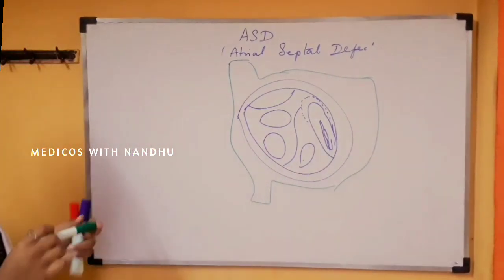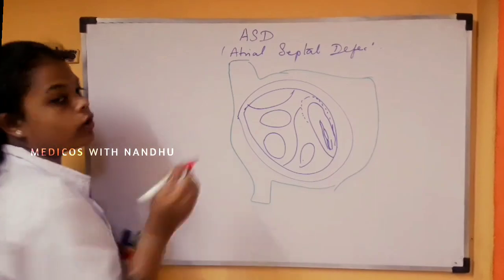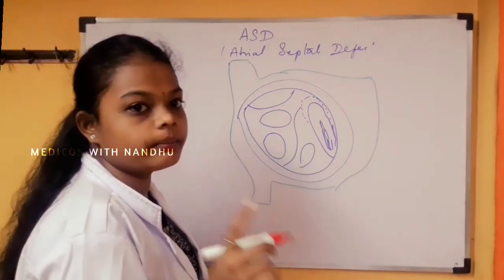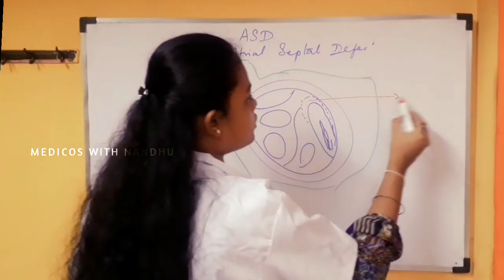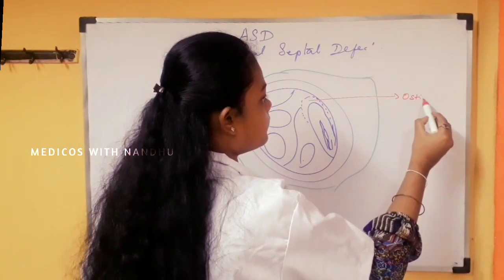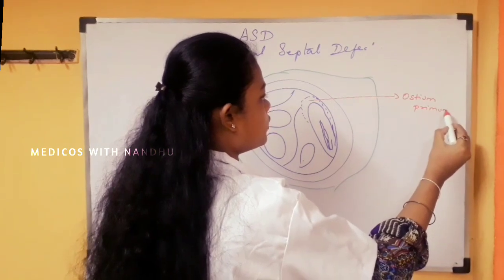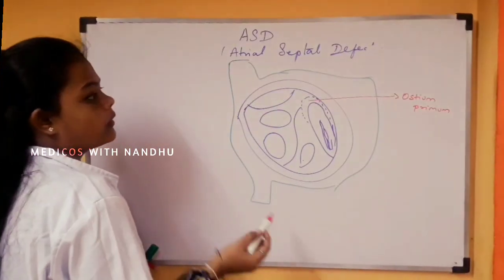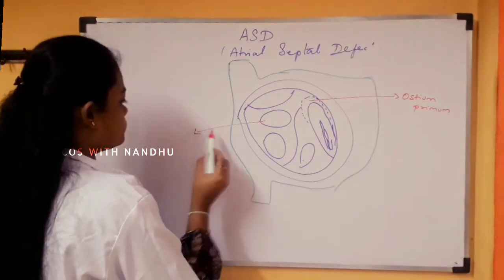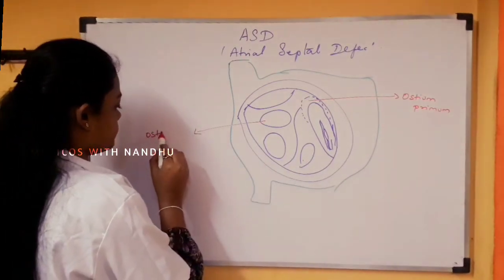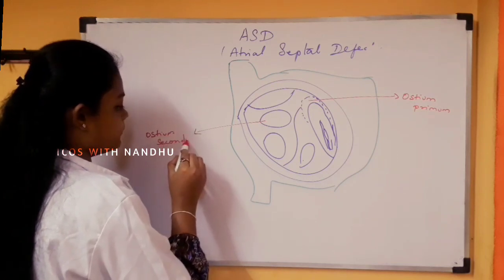Here the first type is ostium primum. So this is ostium primum ASD. Next, ostium secundum.